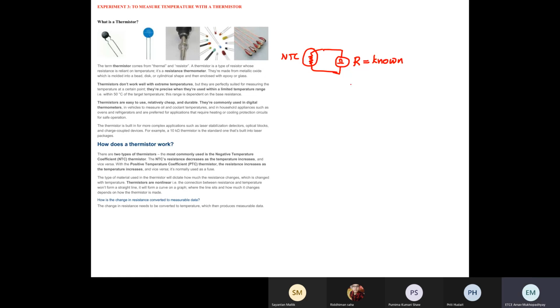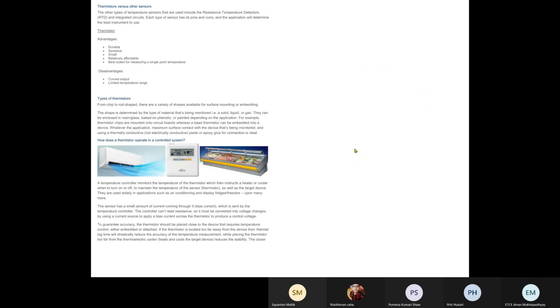What you will do is you have a resistance temperature table. Since the resistance is known, you can look up this table and find temperature from this table. So basically you need a table to look up. Whatever resistance you get, you must look it up from the table and then convert it to temperature.